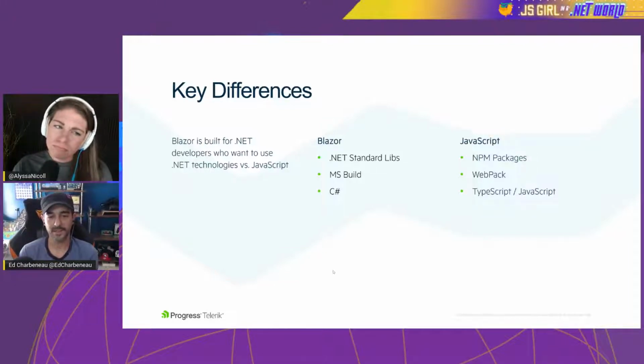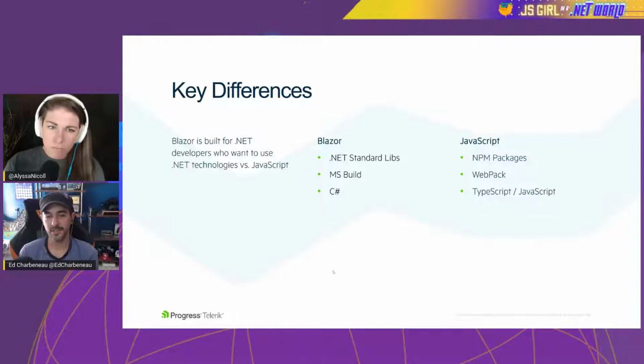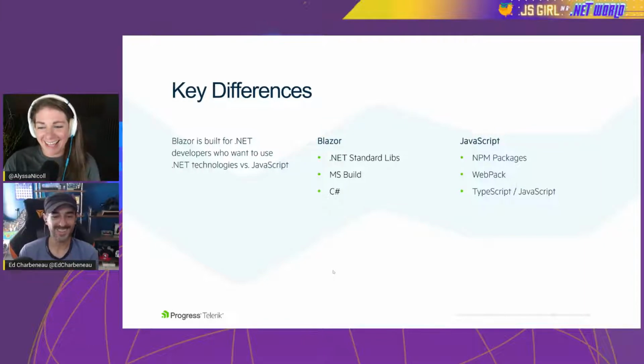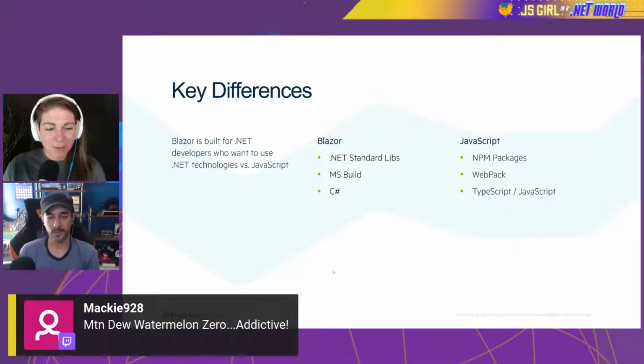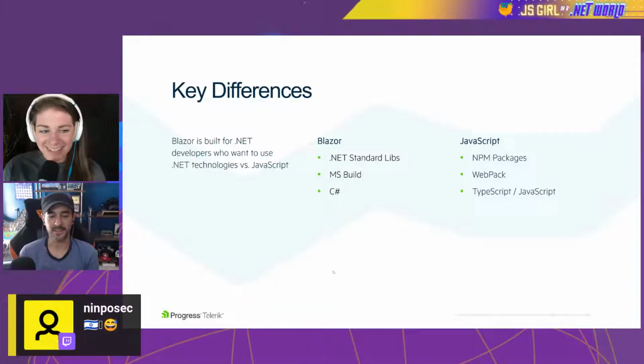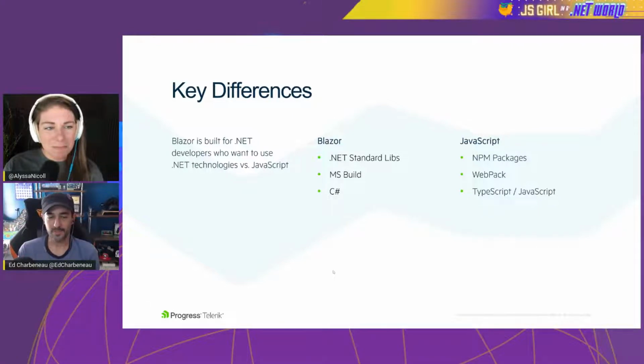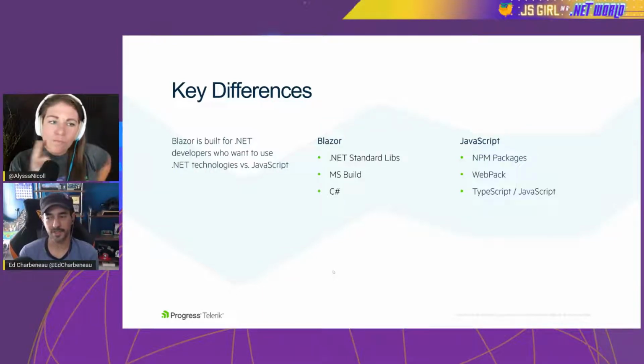But if you're a .NET dev and you like your .NET NuGet packages, I know you love that word, nuggets, if you love your nuggets and you know that MSBuild is effortless, you don't have to configure it like you do Webpack, and you like to write C# because it has errors that aren't just 'undefined is not a function' and nothing else, and you have strong types and really good error checking through a compiler and all of that stuff, then Blazor is probably the thing that you want.